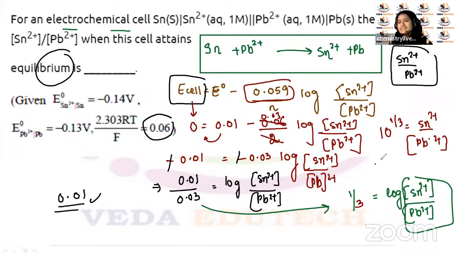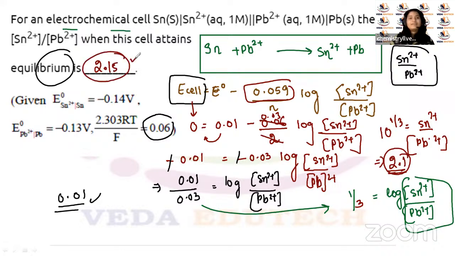We know that 2 into 2 into 2 is 8, so the cube root of 10 is just a little bit more than 2. It is going to be around 2.1 or 2.2, so I'll take it as 2.1, 2.123 or something like this. So 2.15 is going to be your answer.